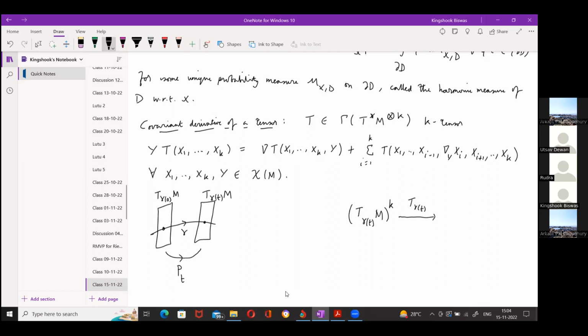This is going to R. But now I can identify this with the tangent space at gamma 0 to the power k, right? How? Using parallel transport. So I take P_t here, to the power k, and then I just compose. Is this clear?